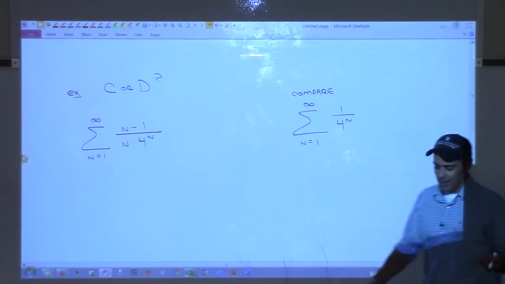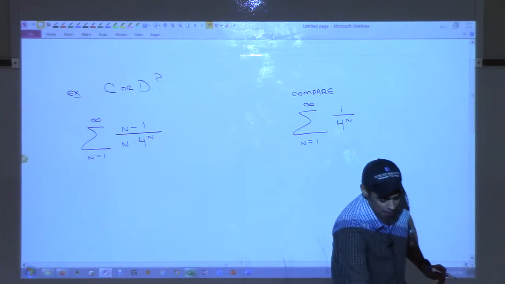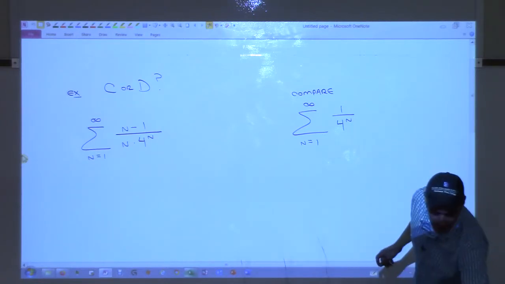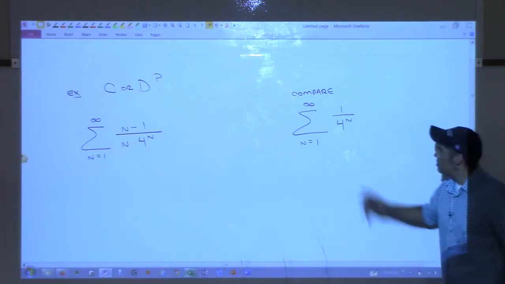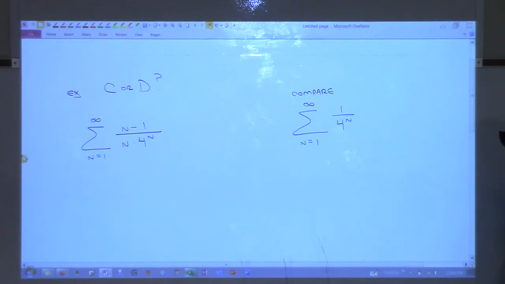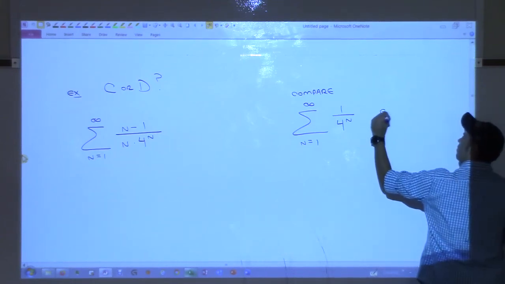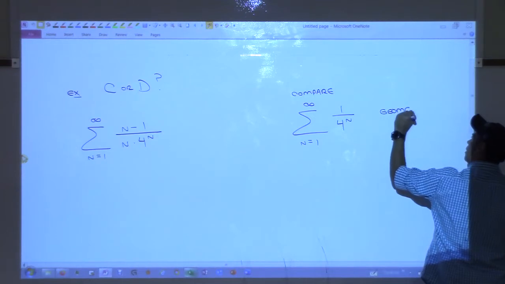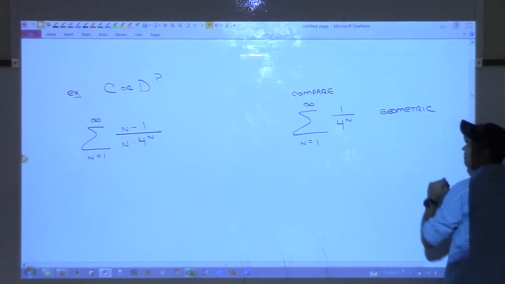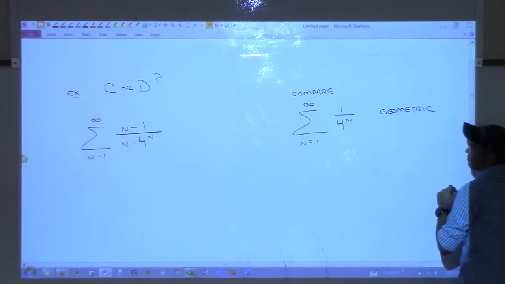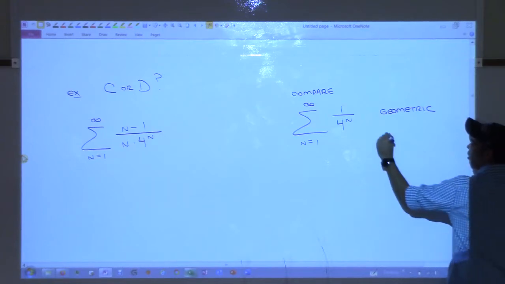Yep. Okay. So, Michelle, we are comparing it to this. And what type of series is this? Geometric. Okay. If this is geometric, can you tell just by looking right now if it converges or diverges? So can you tell what r is?